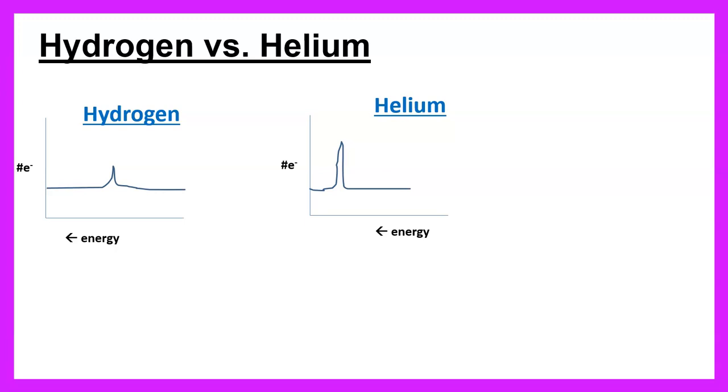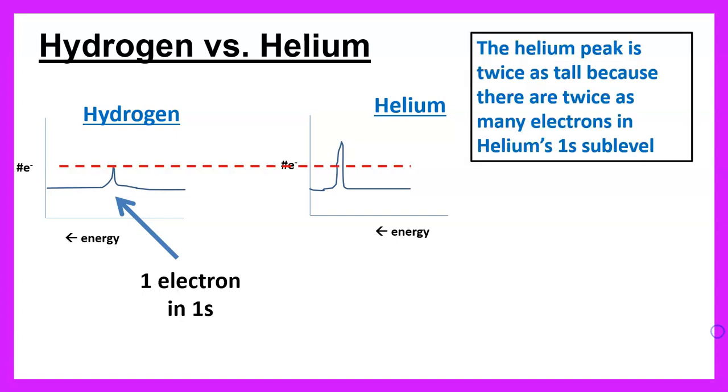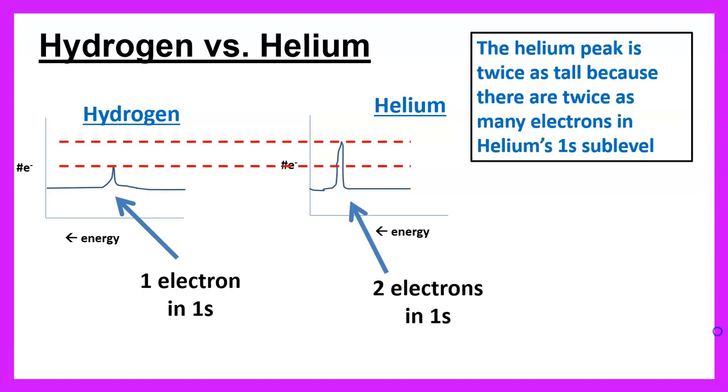So here we have hydrogen and helium. You can see they each only have one peak, which makes sense because they each have just one sublevel, the 1s orbital. But if you notice, the height of these peaks is very different, isn't it? Hydrogen only has one electron in the 1s orbital, but helium has 2 electrons.